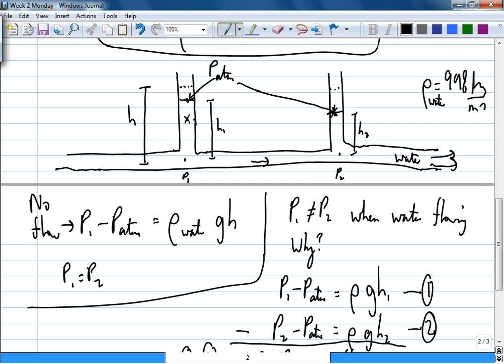Same height, same fluid, connected by stationary fluid, then the pressure is the same. Same height, same fluid, connected but the fluid not stationary, then the pressure may be different. So the pressure at this point and the pressure at this point may not be the same.